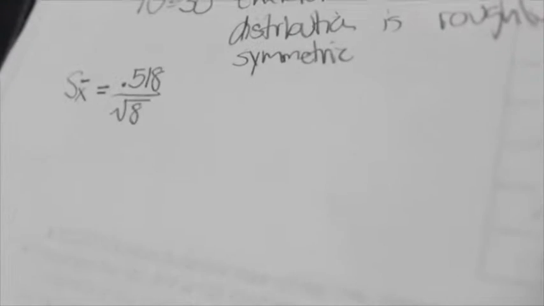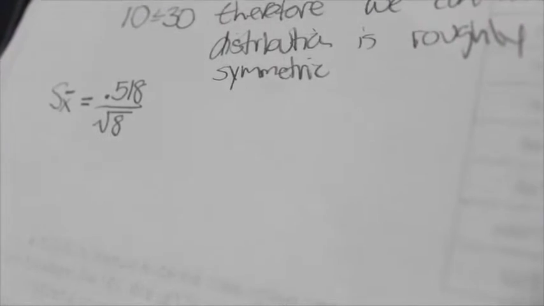So from here, we'd have to find our standard deviation, which is s x bar. We do 1.58. We do 0.5818 over the square root of 8, being the n value, the sample population.